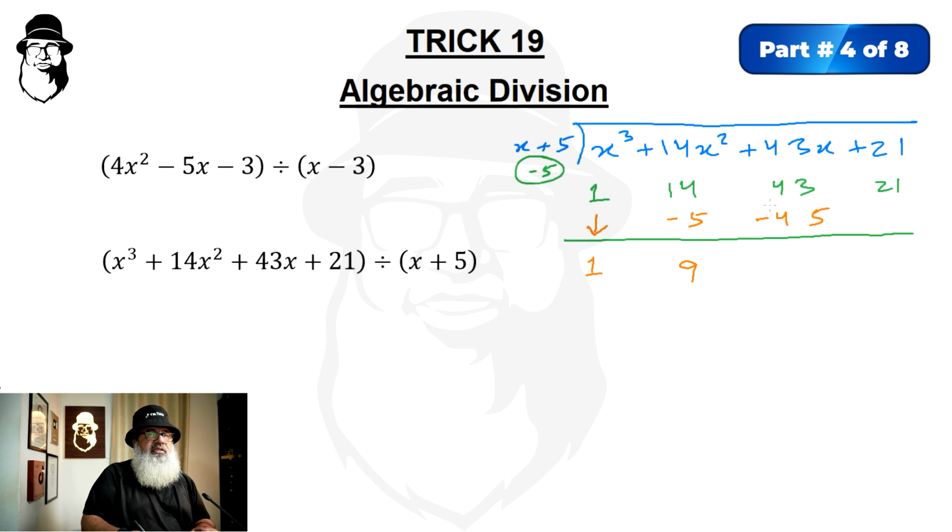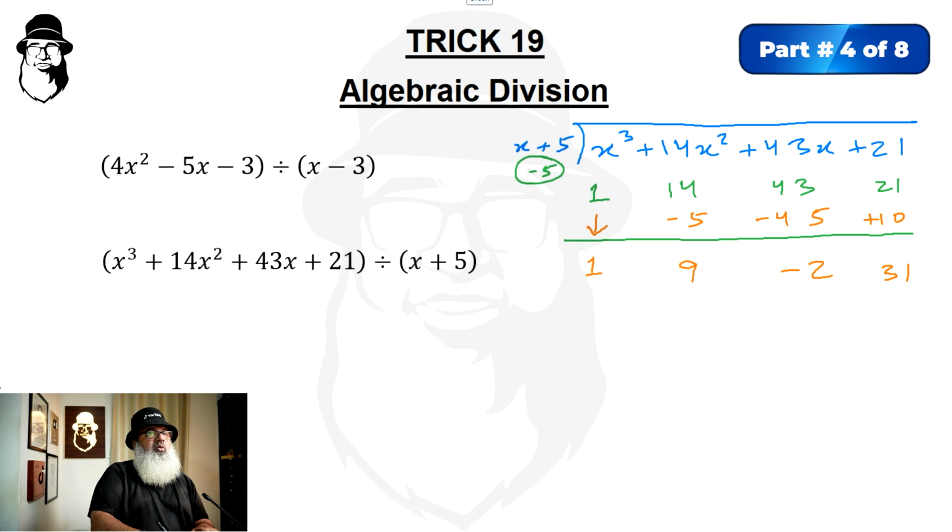And we can see 43 is positive and 45 is negative. So minus 45 plus 43 is minus 2 here. Now be careful here. Minus 2 times minus 5 will become plus 10, not negative 10. Plus 10. And we have 21 plus 10 is 31. Alright. And that is our remainder.